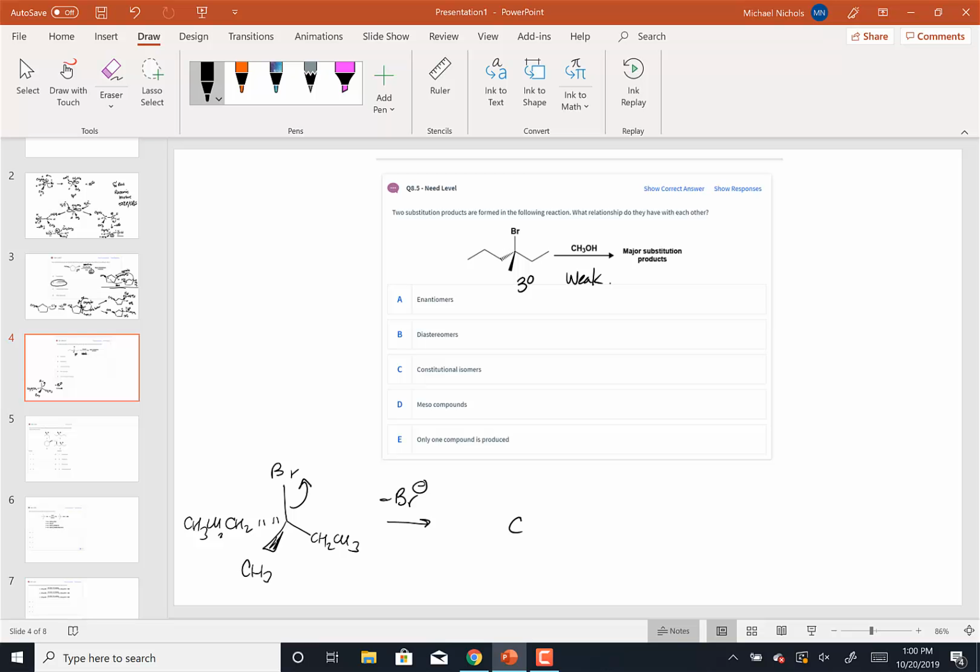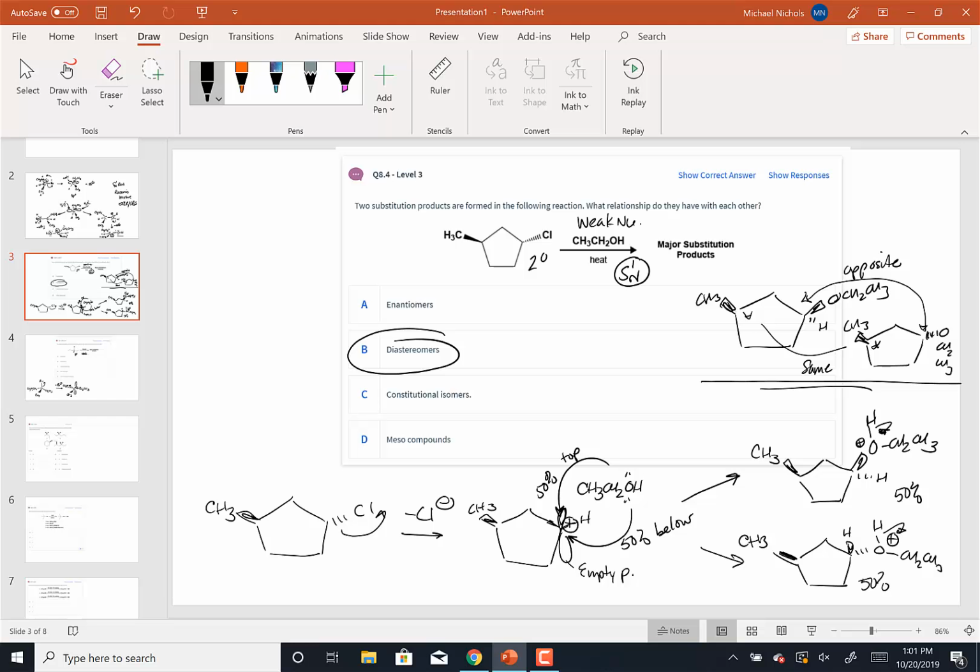And now my carbon is going to become sp2 hybridized. And there's my empty p orbital. So there's my carbocation. I don't remember if I put the plus charge in over here, but I should have.